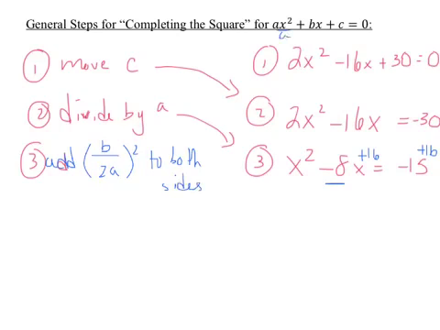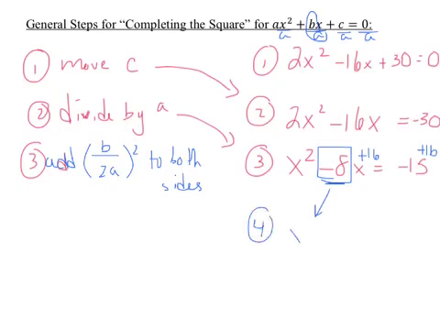If I divide by a, remember we divided by a over here in the whole thing? This becomes b over a, but we want to add, that's what this is right here. This negative 8 is really just b over a, but I want to add half of that squared. So instead of b over a, I write it as b over 2a, which means half of this, right? This over 2 is half. So we square that number and add the 16.